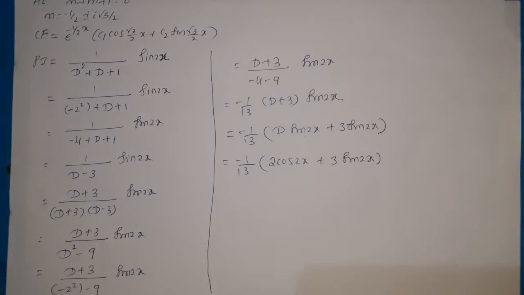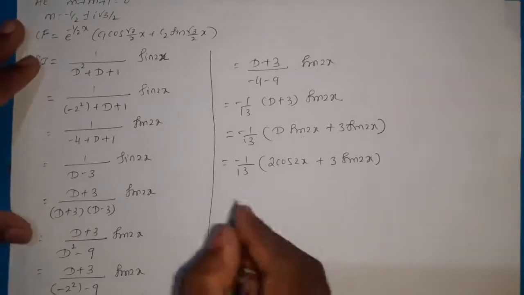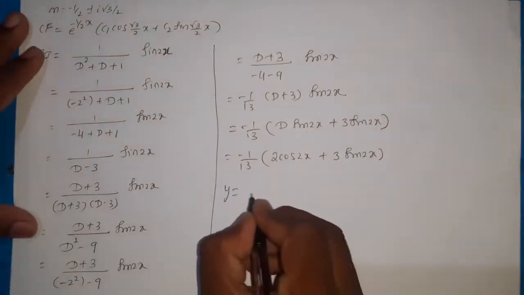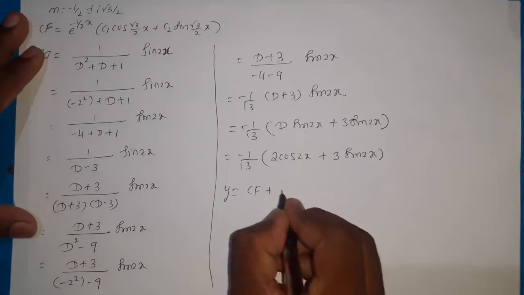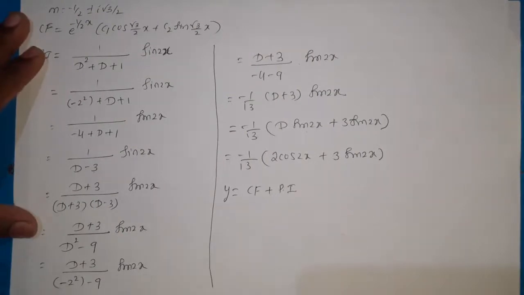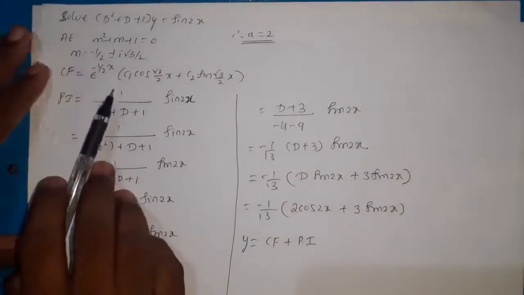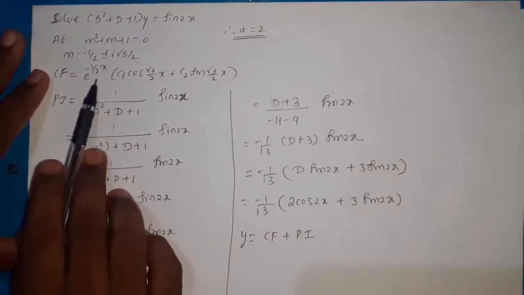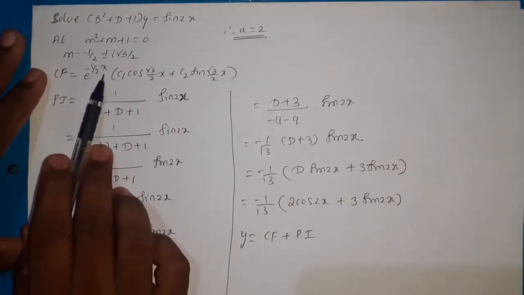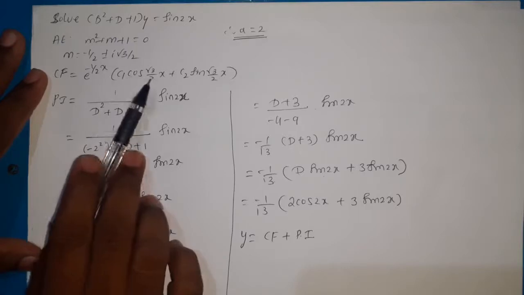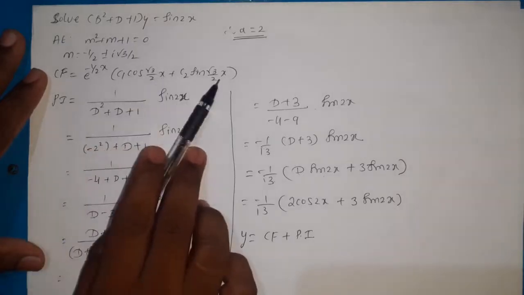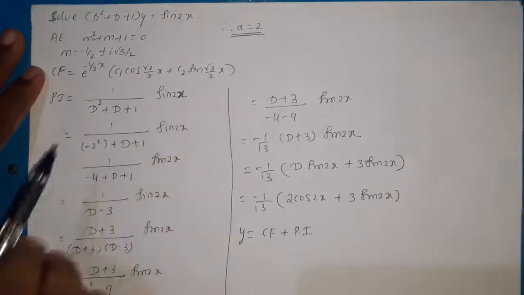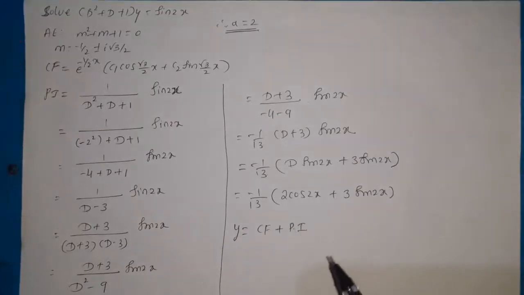Then after finding the particular integral, you have to write the complete solution. So here y is equal to complementary function plus particular integral. Here the complementary function is e power minus 1 by 2x (c1 cos root 3 by 2x plus c2 sin root 3 by 2x), and the particular integral is minus 1 by 13 (2 cos 2x plus 3 sin 2x).